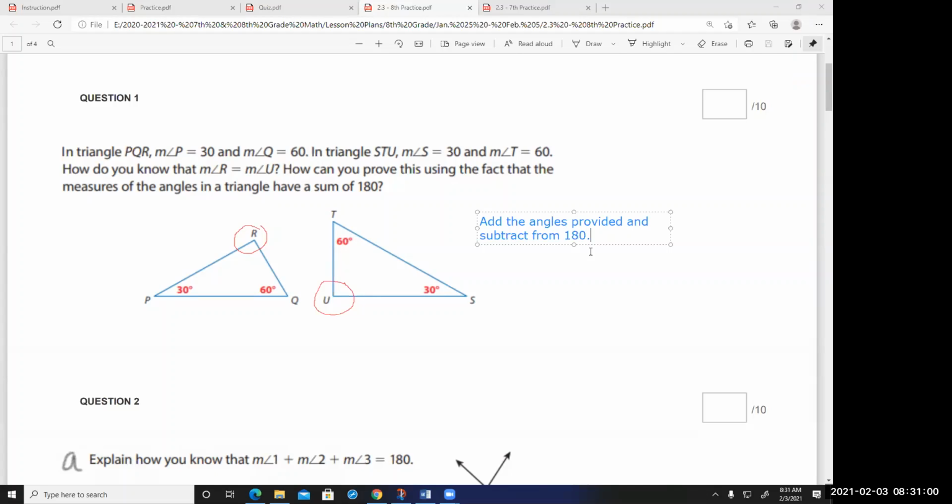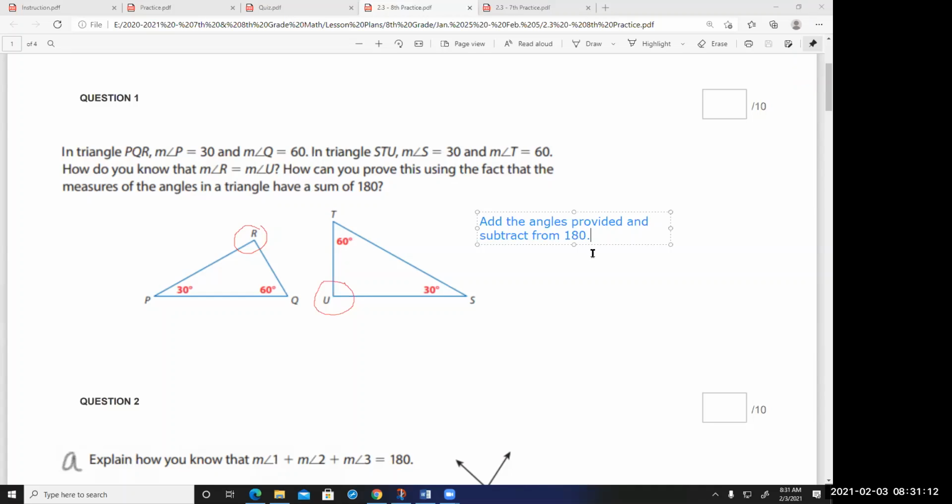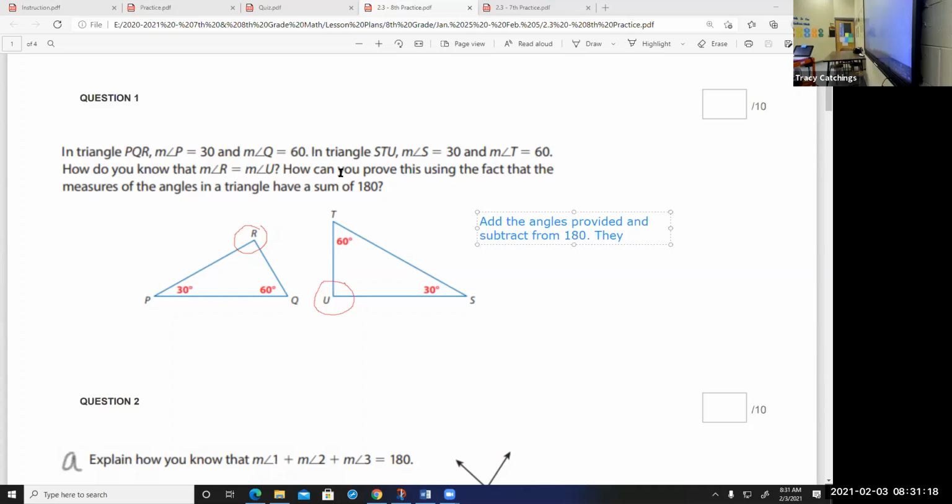That they're right angles. And why can you say they're right angles, Ryan? They equal 90 degrees. No, they equal 90 degrees. That's what they're asking you. How can you prove it? Meaning, what tells you that those angles are going to be 90 degrees?